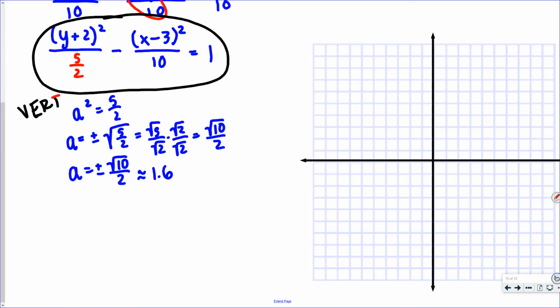That'll help us graph this. All I did was simplify the radicals. b squared isn't the best number either, but it's not as nasty. It's just irrational, plus or minus the square root of 10, which is about, bigger than 3.2.